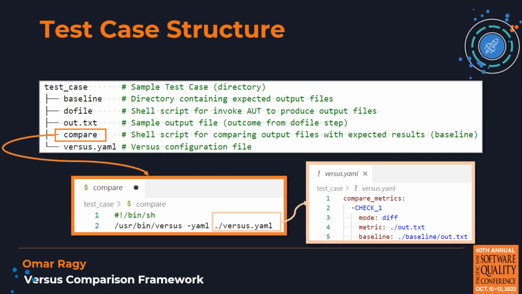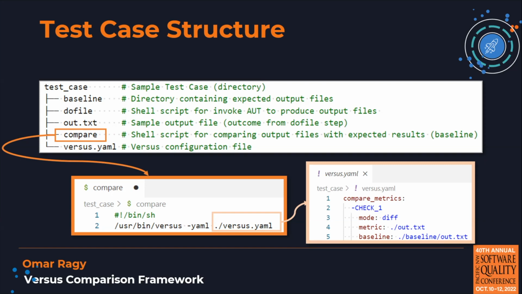Here is a simplified test case structure in our company. We have a test case. This is a folder. Under this folder, we have files and other folders. The baseline is the directory containing the expected output files.